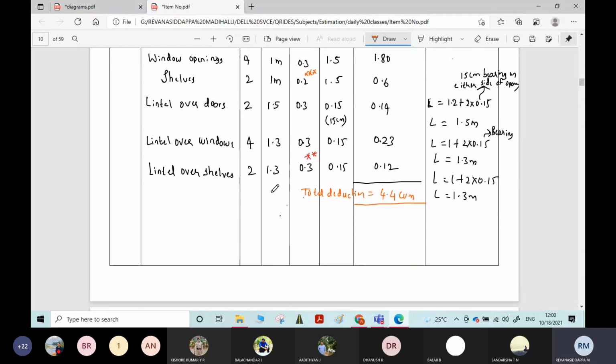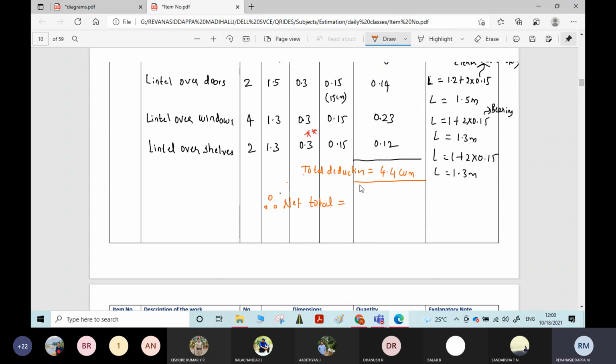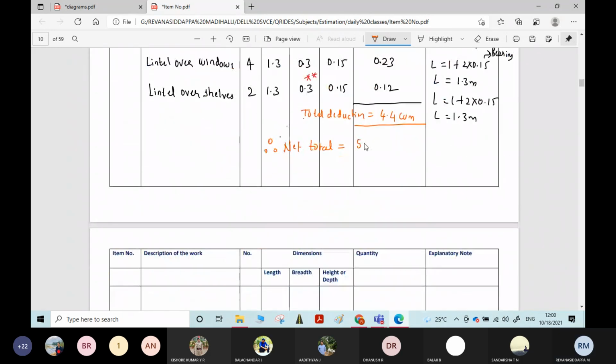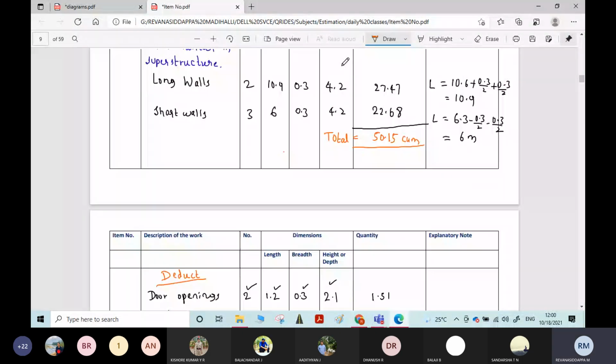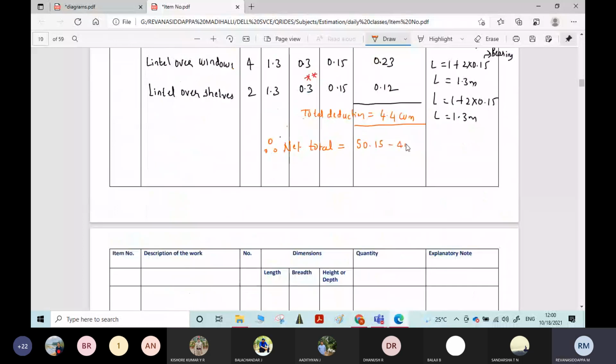Therefore, the net total is equal to 50.15 minus 4.4, which is 45.75 cubic meter.